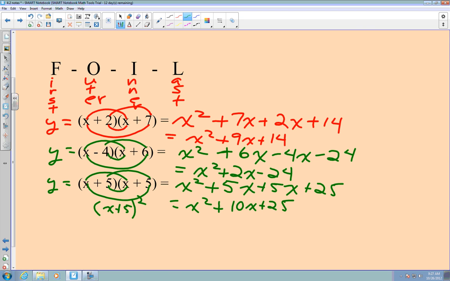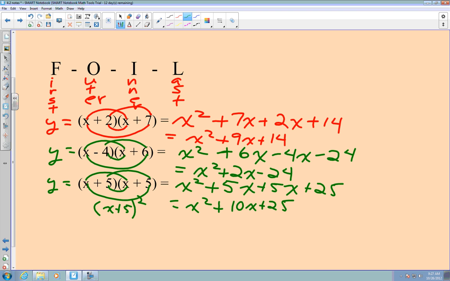Now one reason I wanted to do that one is because if you remember back from algebra, forever ago, does anybody remember the shortcut to square a binomial? I'm going to tell you the shortcut. If it makes sense and you remember it, use it. If it doesn't, just spell it out. No problem.